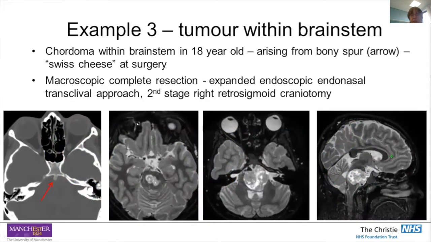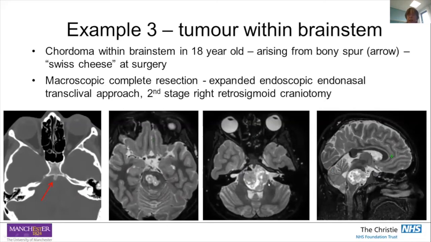This is a final example of a very tricky case, a chordoma arising within the brainstem in a teenager. We think probably arising from this bony spur that you see on CT, and you also see here on the T2 MRI.